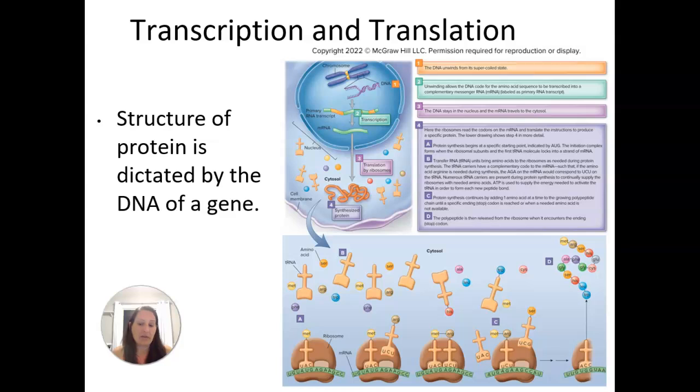And that sequence of amino acids in the protein, again, is dictated by the gene. And that's going to be really important. That sequence of amino acids is going to tell us how the protein will eventually fold. And how it folds dictates its function. So its final 3-dimensional shape is going to tell us what that protein does.